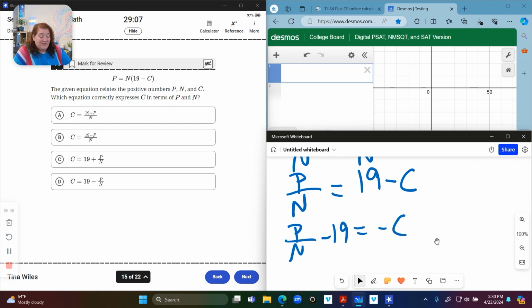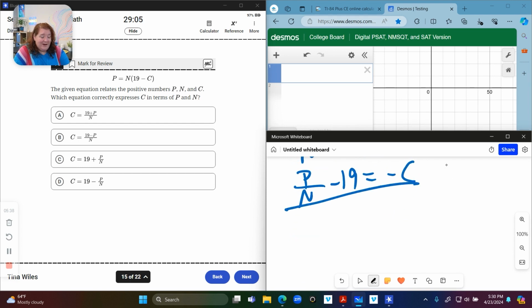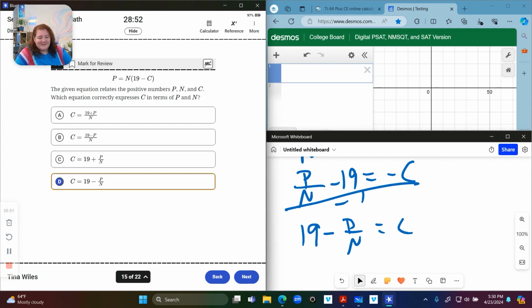And then I have to divide everything by -1. So I'm going to get 19 minus Pn, or you could think about it as negative Pn plus 19 equals C. Either way, D is the correct answer.